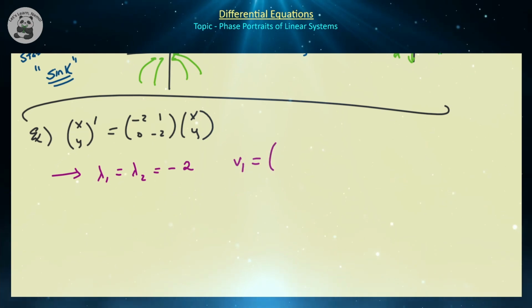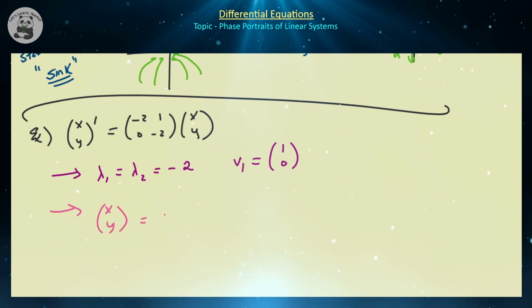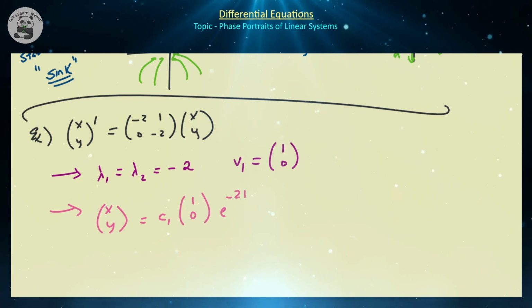reasonable eigenvector, in particular 1, 0. And for the other, you can choose practically any other eigenvector because you won't be able to span the entire eigenspace because the nullity is going to be equal to 1. So what you have here for the solution, xy, this is going to be equal to c1, 1, 0, times e to the -2t, and then over here we're going to have c2 times some vector times t e to the -2t.